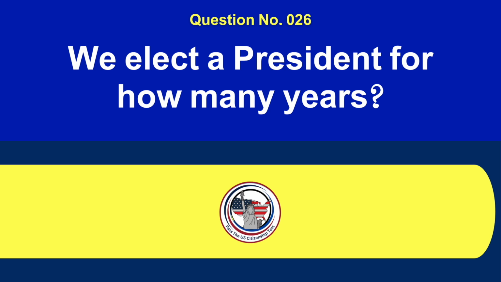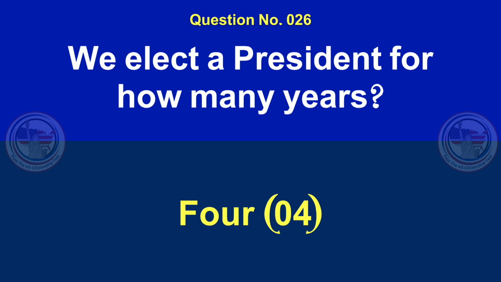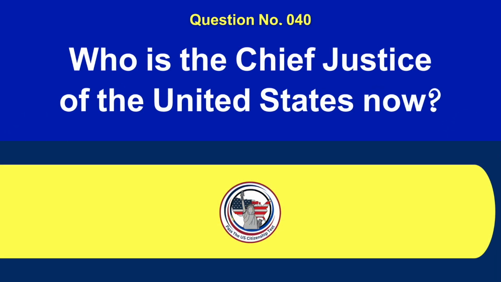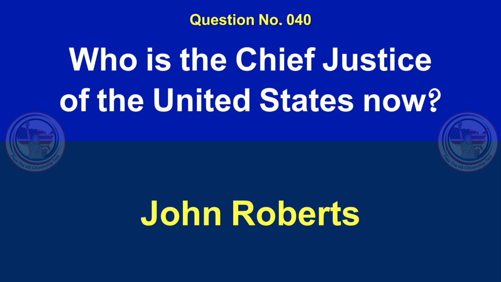We elect a president for how many years? Four. Who is the Chief Justice of the United States now? John Roberts.